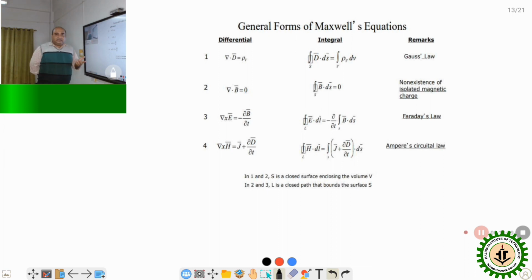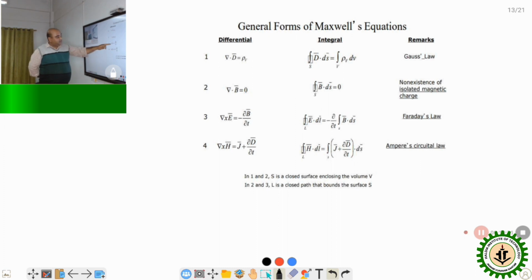Now, if you consider static fields, you have no dou by dou t term. Static fields means the differentiation is equal to zero, so this term will be 0 and this term will be 0. In that case, your equations become the same as those you consider for the static field.